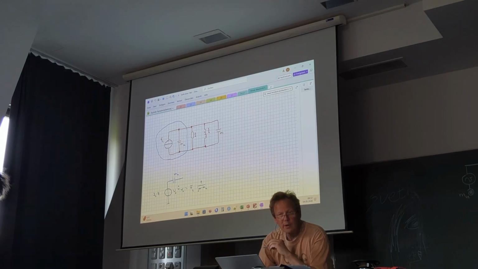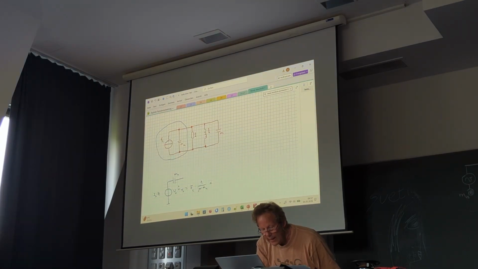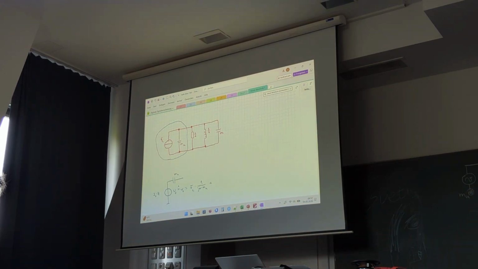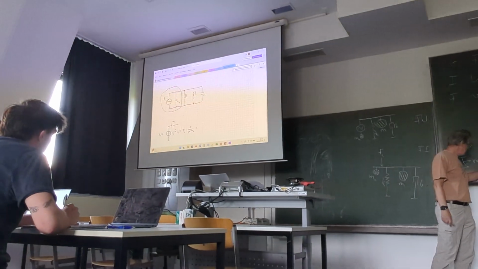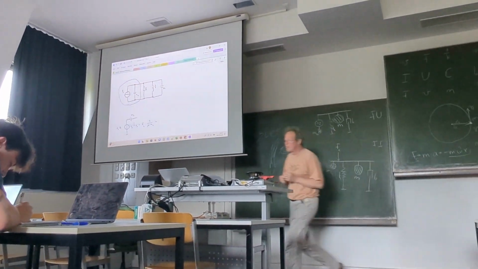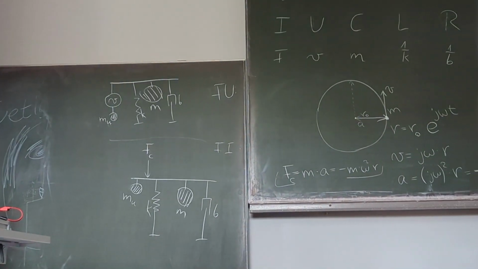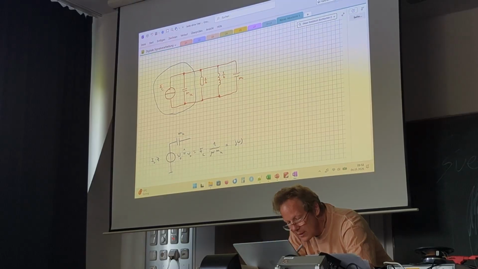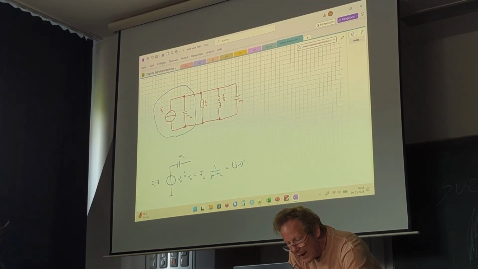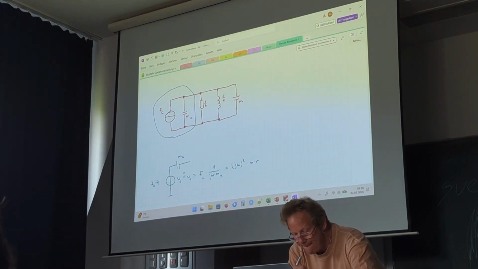Okay, we have a formula for this Fc. You know this is mass times minus omega squared times r. Or we could write minus omega squared as j omega in brackets squared, and then we have mass and radius r.